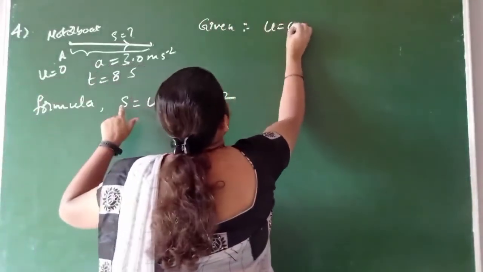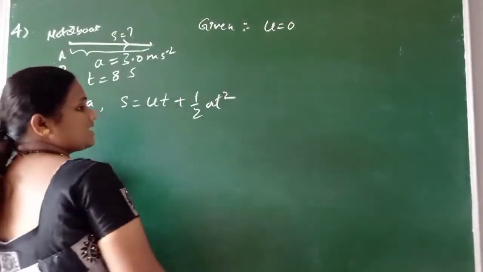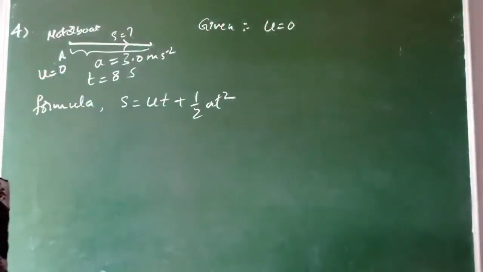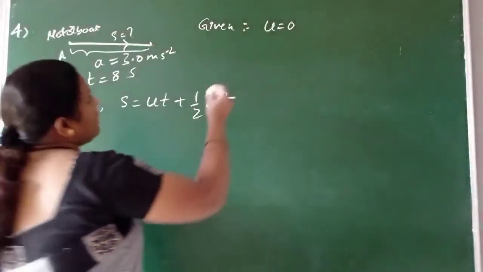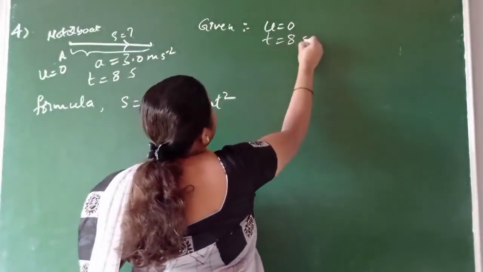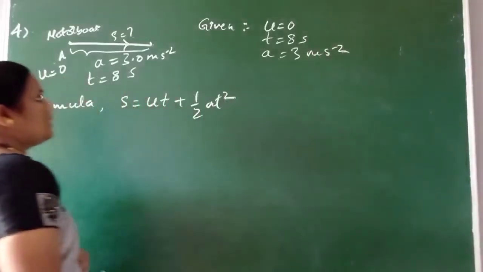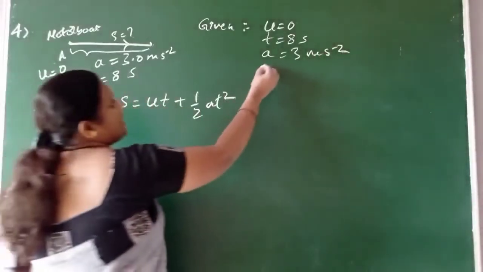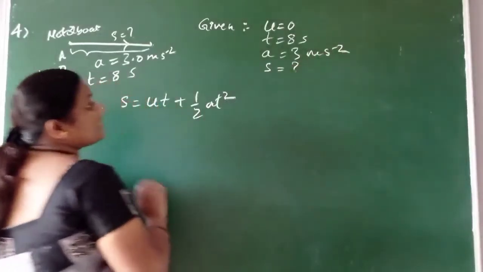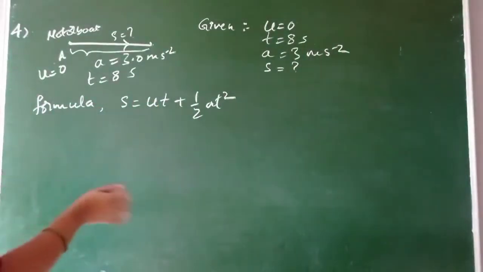U is the initial velocity. It starts from rest, so ultimately initial velocity will be 0. Then time is 8 seconds. Acceleration is 3 meter per second square. S we have to calculate. Distance, how much it has covered, we need to calculate.